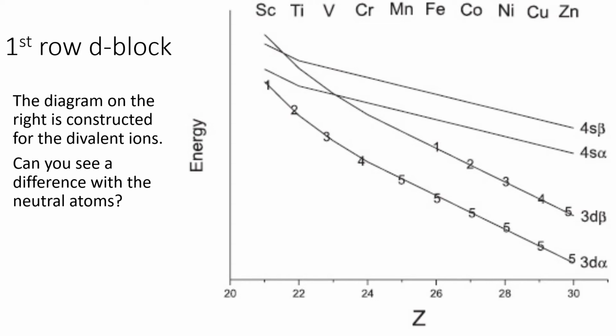Once they're in their 2+ state, this diagram once again correctly predicts all the electron configurations of the 2+ ions. But as that question on the left-hand side prompts you, you might start getting a little bit suspicious here, because there is actually a difference in this picture compared to this picture with the first row d block atoms.